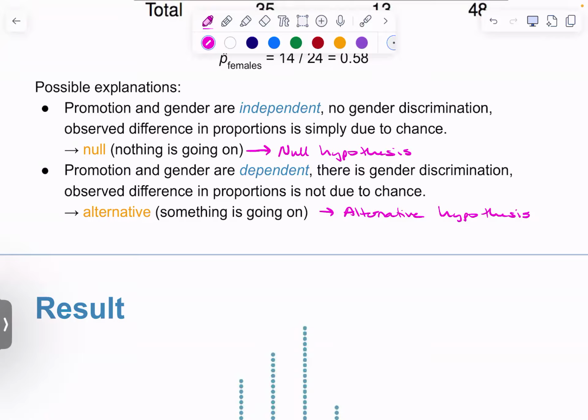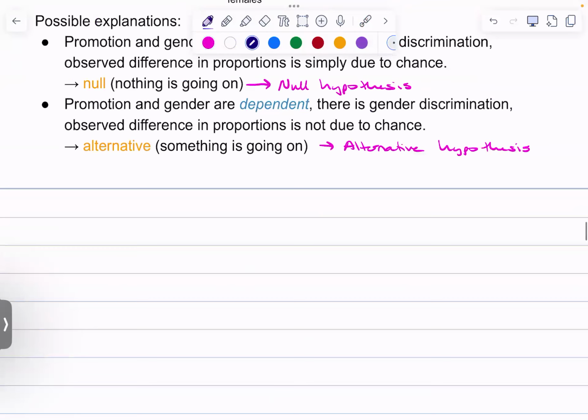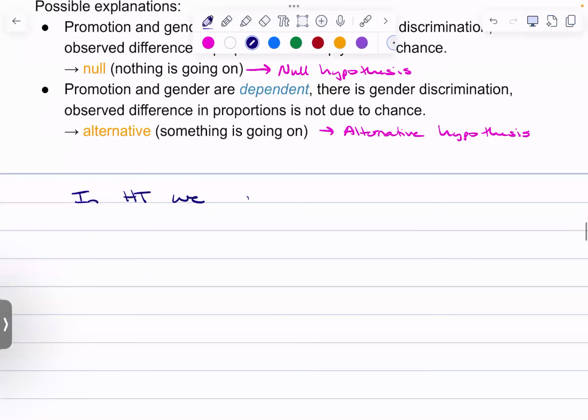How we conduct our testing is we start out and assume the null hypothesis is true. It's important. So in hypothesis testing, we always assume the null hypothesis. Null means zero, so zero change, nothing is happening here.